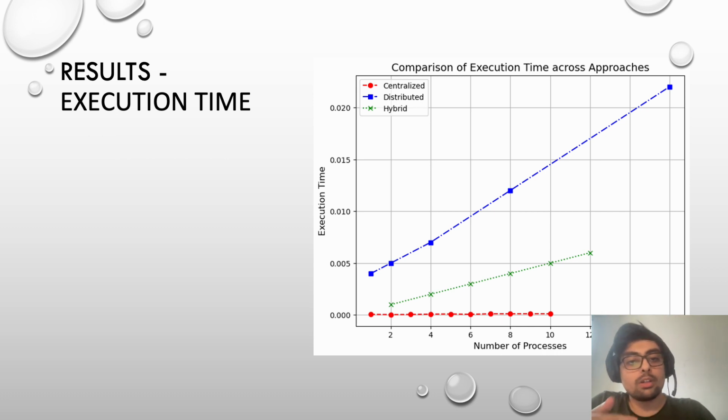Due to that, the execution time increases linearly. But in our combined approach, where we used both the centralized as well as the distributed approach, you can see it somewhat decreases, and though it also increases linearly, the slope is not that high.